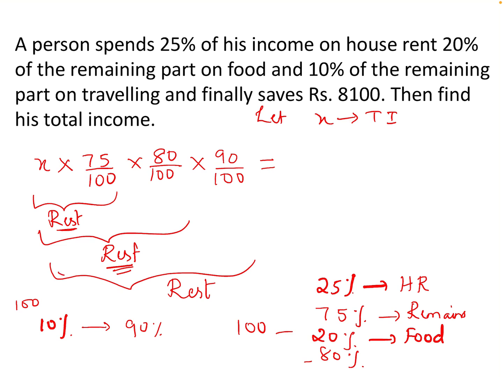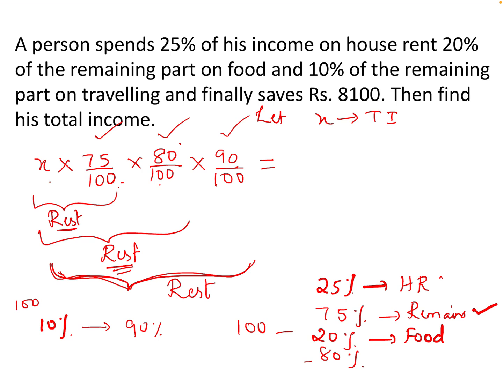So this whole thing is nothing but the savings after everything is spent, because I am taking the remaining things here. I have removed the house rent spent, then the food spent, and after travelling if I remove, this will be the remaining. All these are remaining parts of the total income.